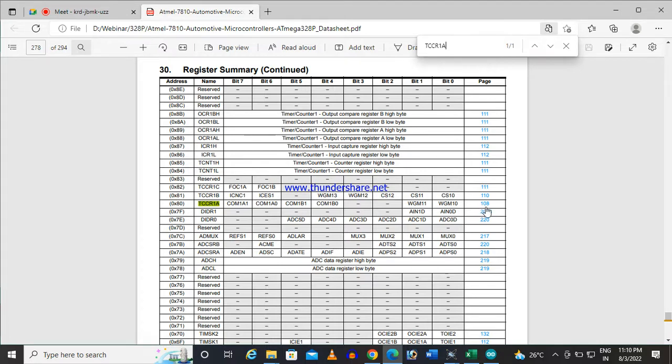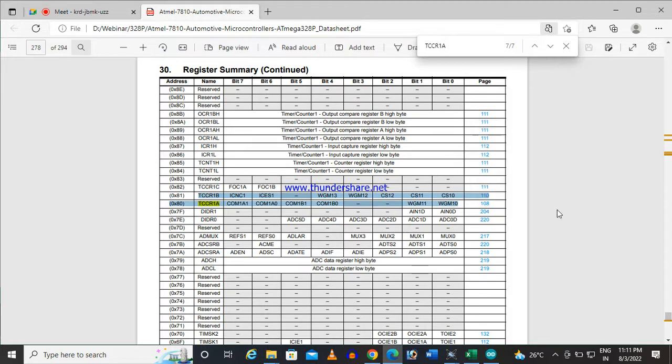You see, in TCCR1A the two LSBs are WGM11 and WGM10, and in TCCR1B the fourth and third bits are WGM13 and WGM12. So the upper two MSBs are bit 4 and bit 3 of TCCR1B, and the two LSBs are bit 1 and bit 0 of TCCR1A. Okay, so from here it is clear.